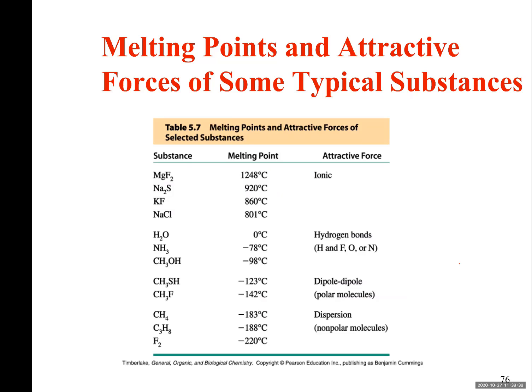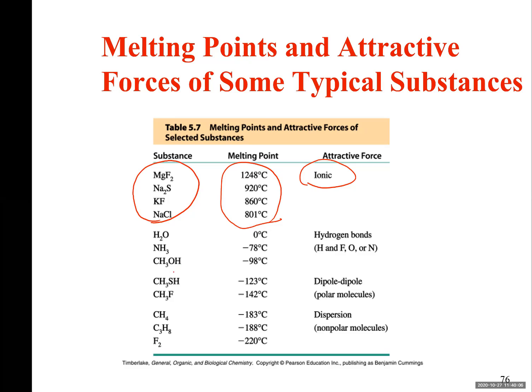Look at these 4 compounds, they're all ionic. And look at their melting points, above 801 degrees Celsius, very high temperature to melt them. Why? Because they have strong ion-ion forces between units.